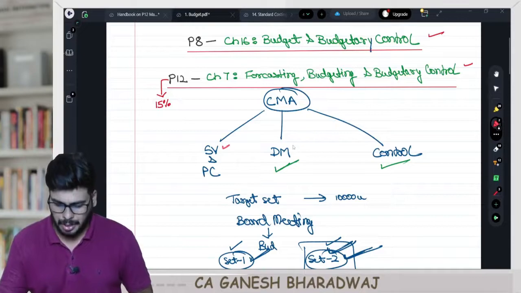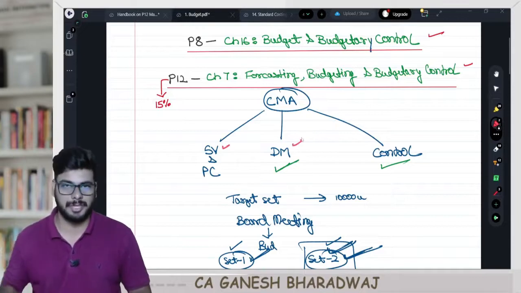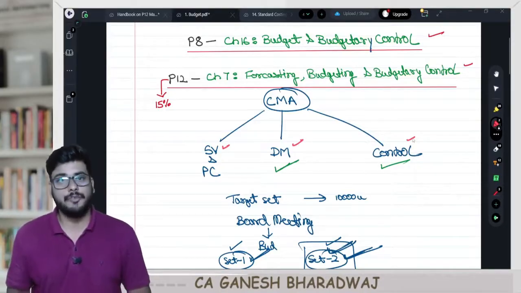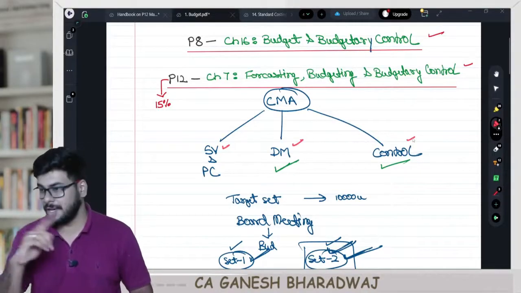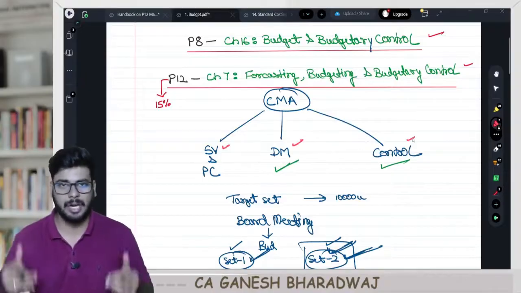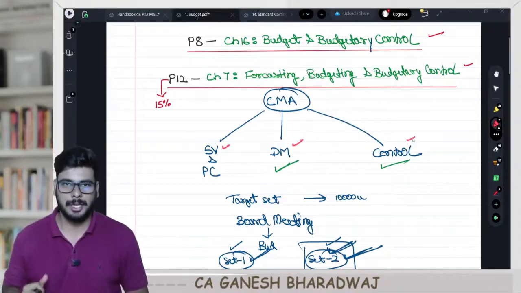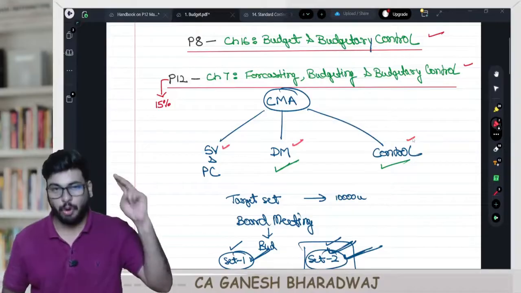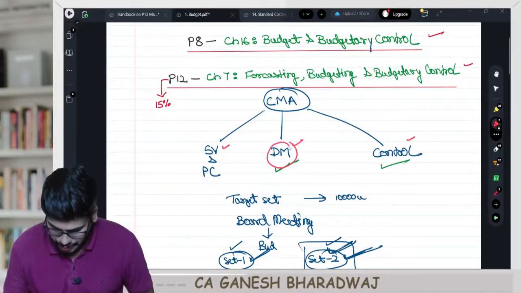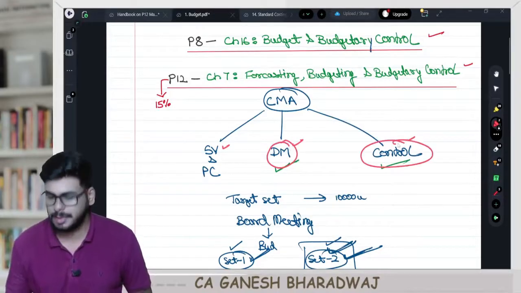Some chapters go on to achieve the objective B, which is decision making, and some chapters go on to achieve the objective of control. And there are certain chapters which achieve more than one objective at the same point of time. Now, this chapter, budgeting, goes on to achieve 2 objectives. One is decision making, the other one is control.